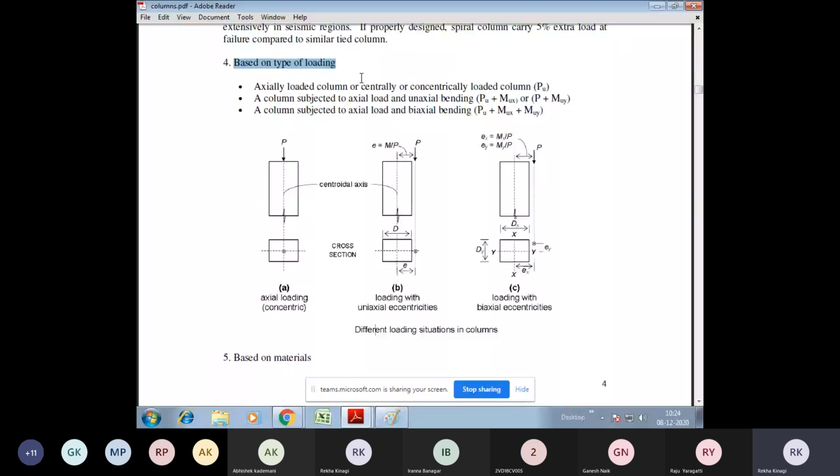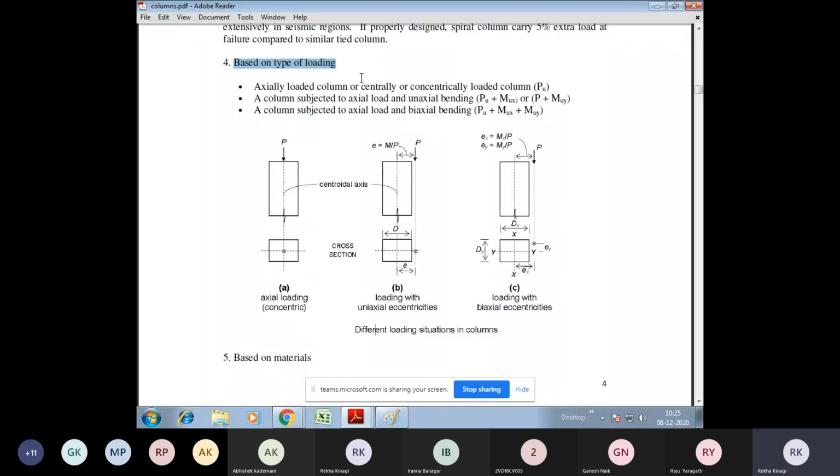All the three have the same meaning. And the second one is the column subjected to axial load and uniaxial bending. Uniaxial bending in the sense you are considering bending in only one direction.